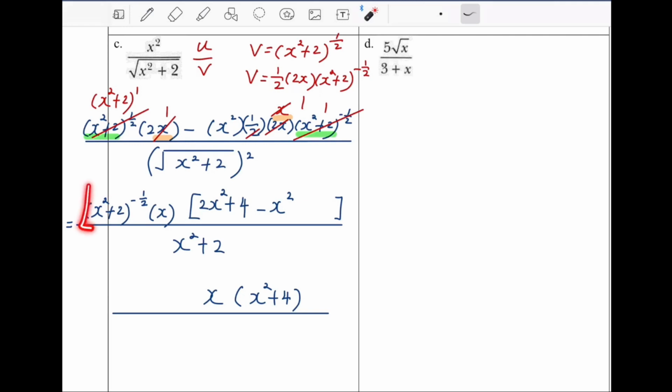Can we combine these two? Yes. Same factor. So this divided by this. Negative 1 over 2 minus 1.